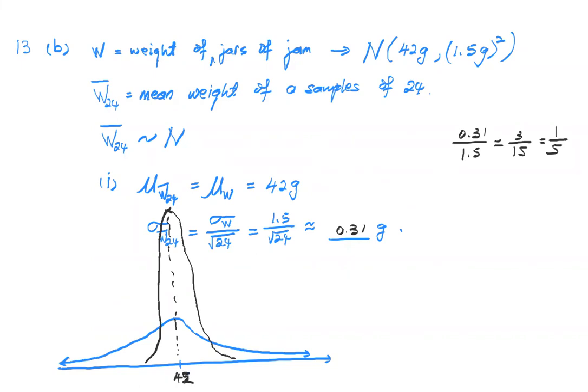They said part 3, will your answer to part 1 have been different if the distribution of W was not normal? I told you already, if W is not normal, then what should your minimum sample size be?